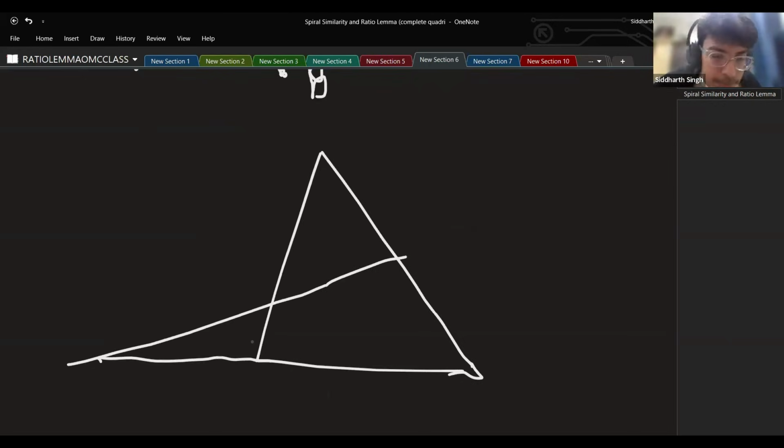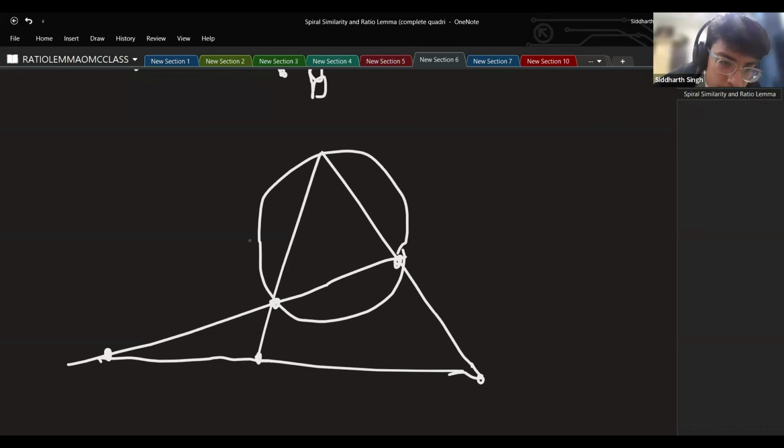Anyways, consider this intersection and the intersection of this circle and this circle.